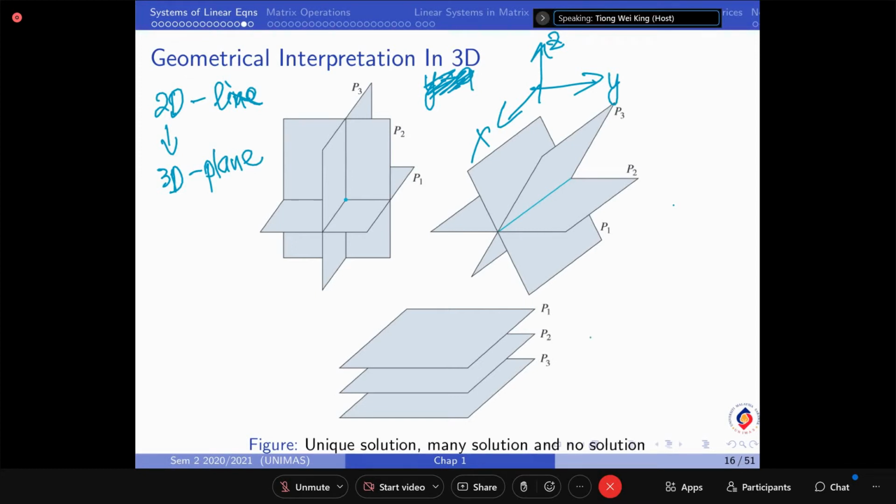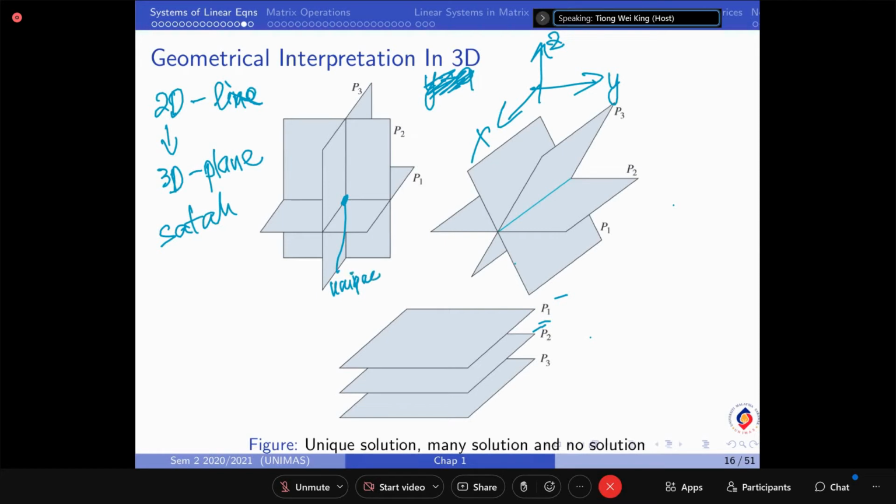So plane 1, plane 2, plane 3. In Malay, plane is satah. So tiga satah. So for a unique solution, if you have 3 planes, we can only have one common intersection point. So like this. So this is a unique solution.